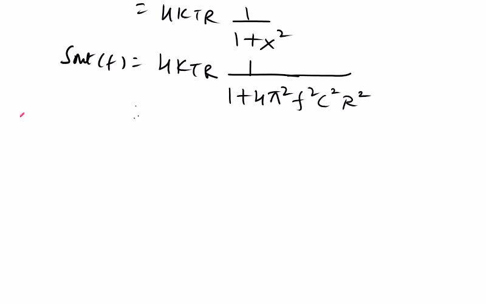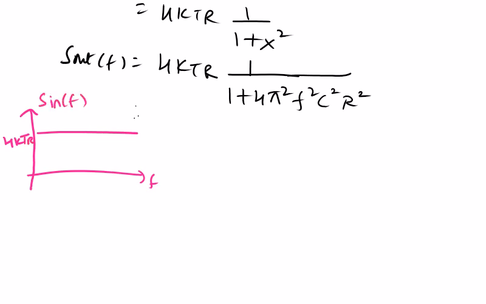Okay, now let us draw the diagram of S_in(f). You can see here it is a constant, so it is 4kTR, that is S_in(f), and this is a filter. Which filter is it?